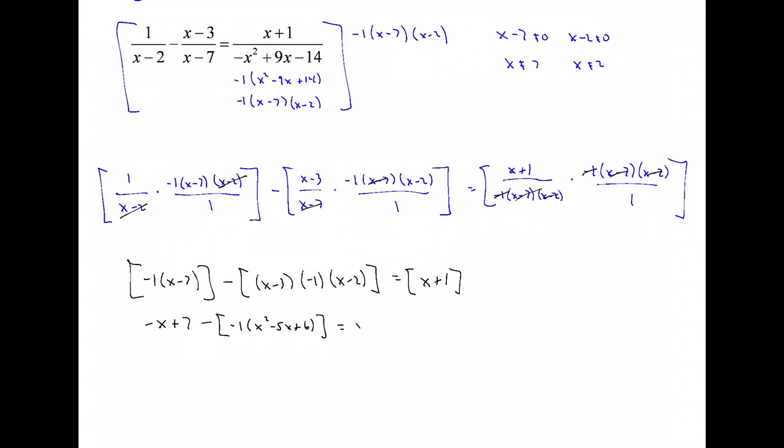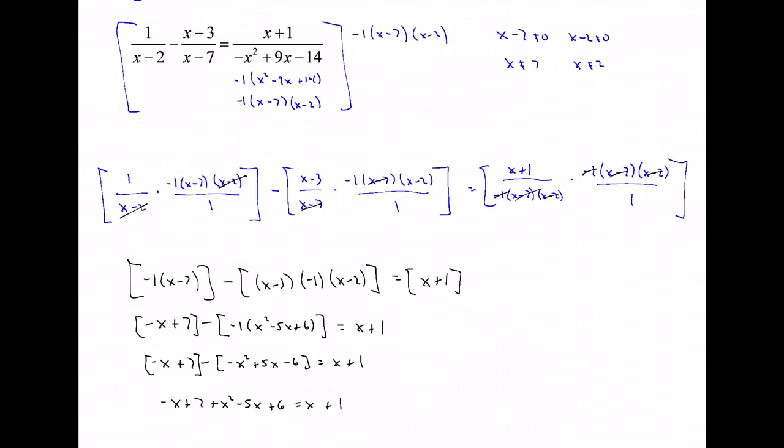Is equal to the x plus 1, and so once again negative x plus 7 minus, one more simplifying, I'm going to distribute the negative now, negative x squared plus 5x minus 6, and then now at this point, and maybe even leaving this in brackets so we don't get it confused with that minus sign, now we can distribute the minus, so now it's negative x squared, which is positive x squared. Distribute the negative to the positive 5x, and distribute the negative to the negative 6, which makes it plus 6.